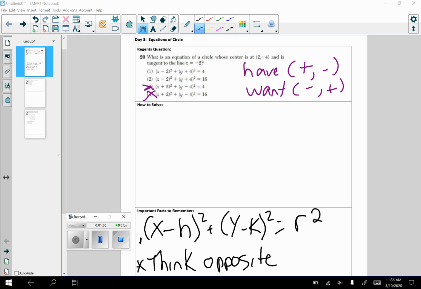Since it says tangent to the line x equals -2, the next best thing for us to do is to draw in a graph. You can always go to the back of your Regents book and get the graph paper. I'm going to plot my center, which is (2, -4).